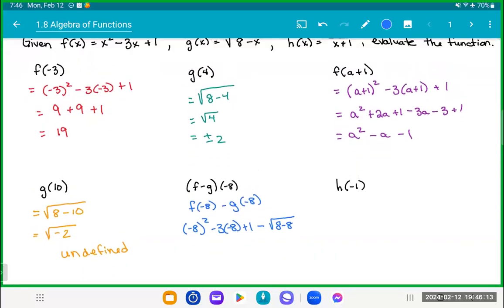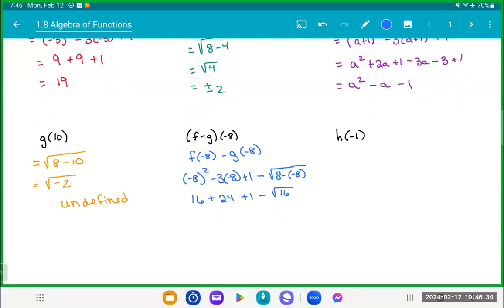Well, actually, it's 8 minus the -8. Okay? So this simplifies to 64 plus 24 plus 1 minus the square root of 8 plus 8, which is 16.